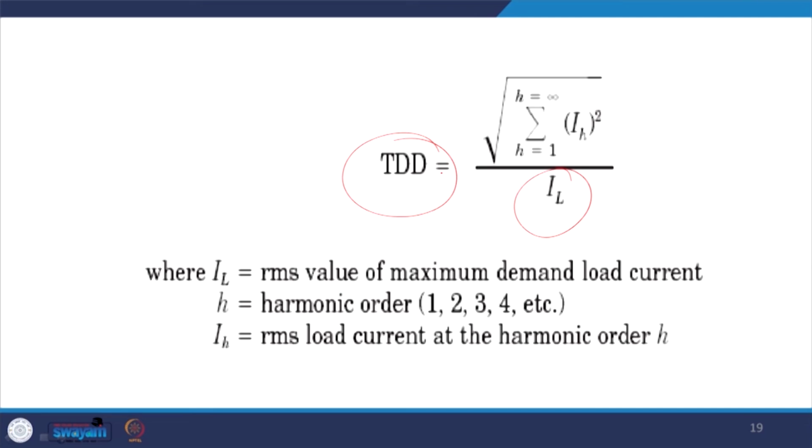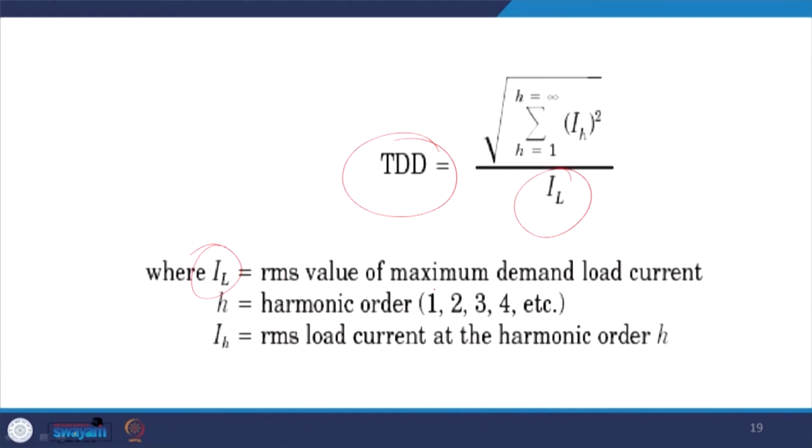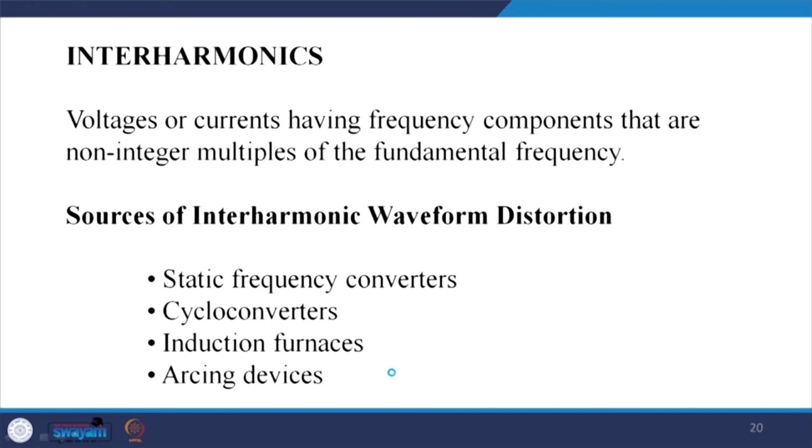But if it is the reverse, then you can, of course, when you are drawing the full load current, it will be measured at the full load current. So we say IL equals the RMS value of the maximum demand load current, and IH is the RMS of the harmonic current except the fundamental.